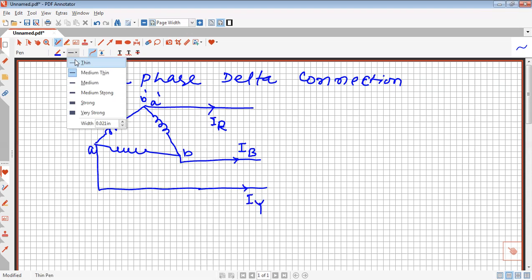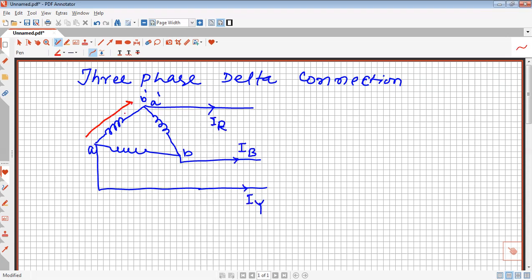I'm taking a different color so that we can see this single phase here, another phase from here to here, and this phase from here to here. So these are the three phases. If we see from here to here, this is also line to line.